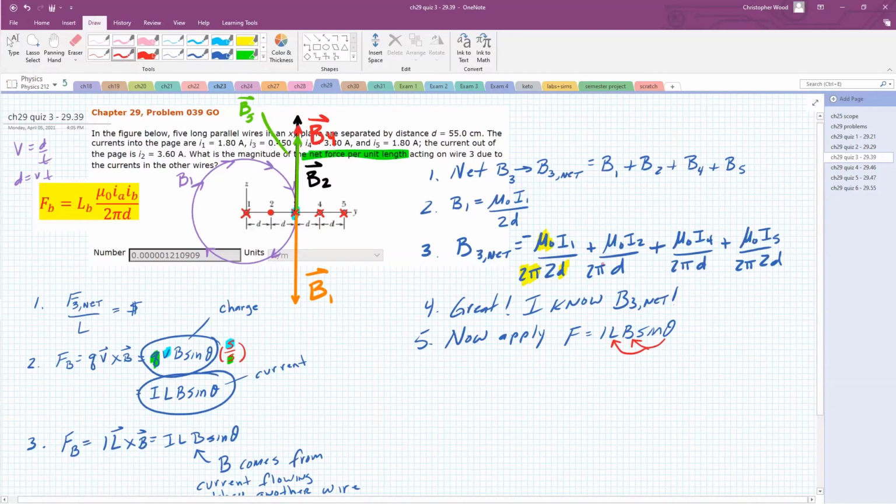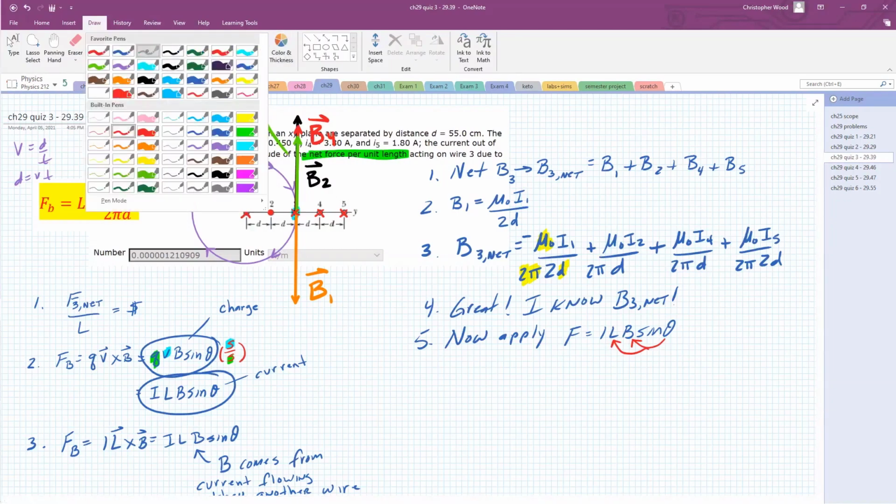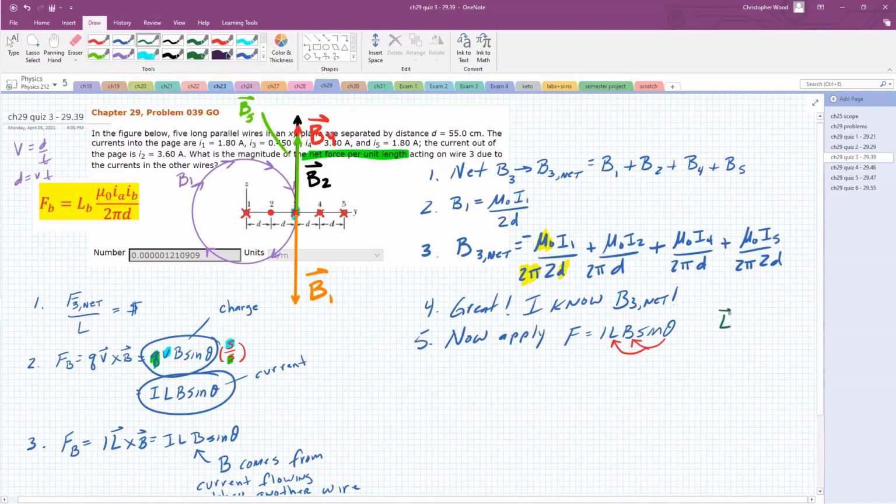Well, vector L, little sidebar, is perpendicular to the page. B vector is in the plus or minus Y direction, plus or minus J hat. So theta equals 90.